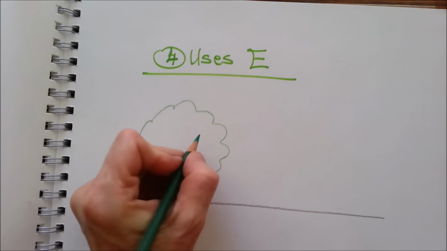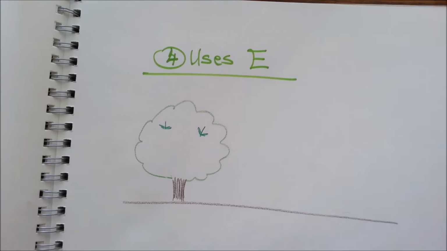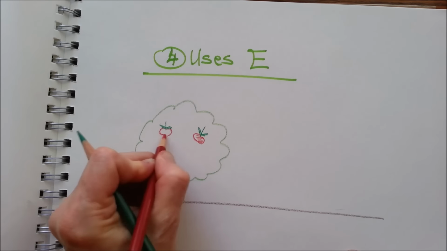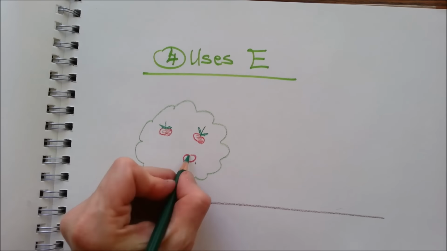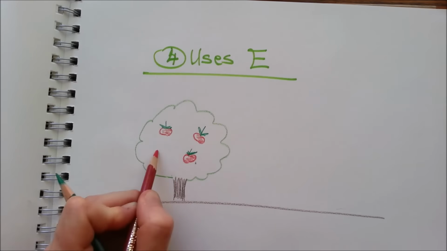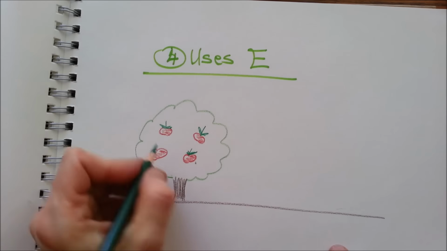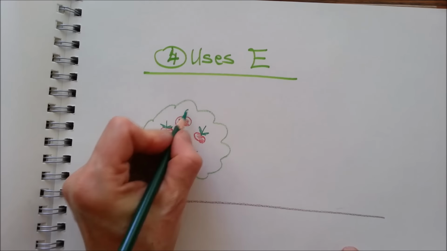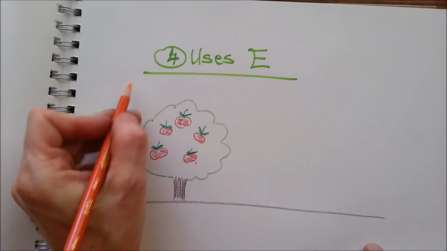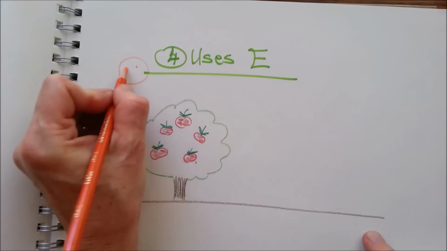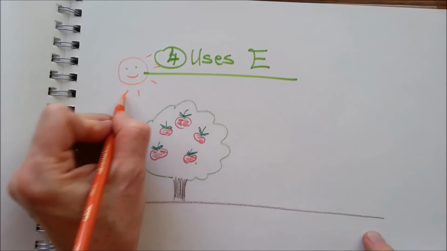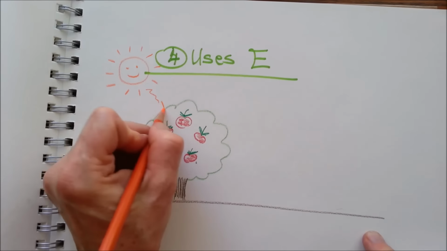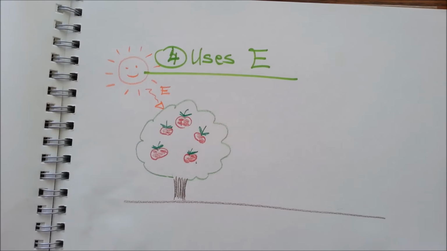The apple tree in the fall will bear fruits, nice apples, and the apple tree gets its energy from the sun. So these are the nice apples, and the energy comes from the sun. Almost 99.9% of the energy for the Earth comes from the sun.